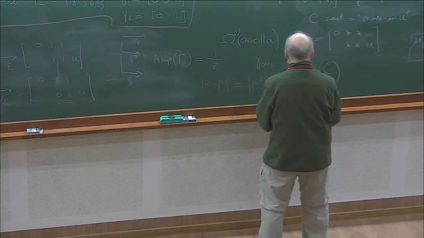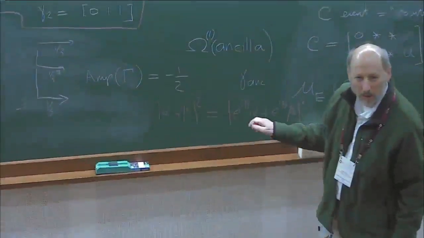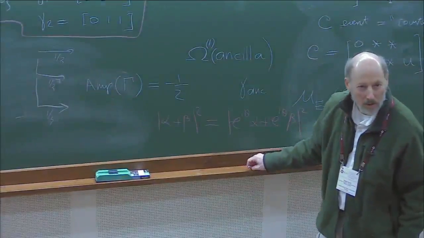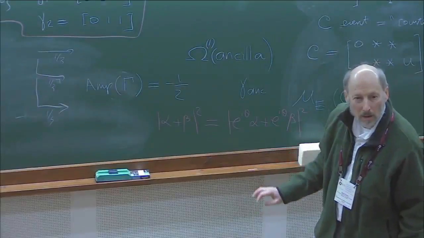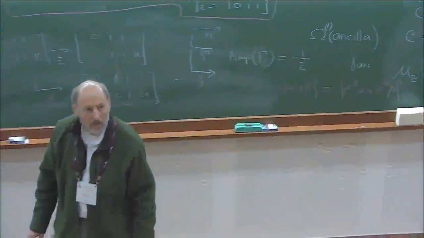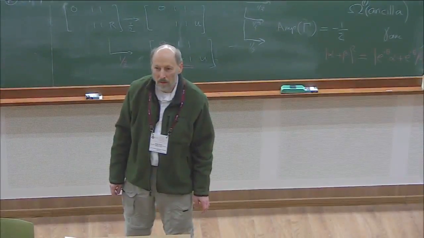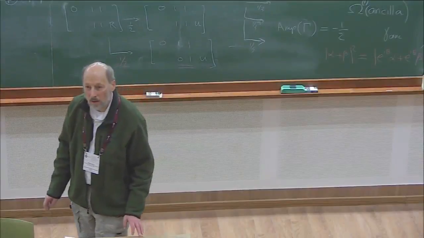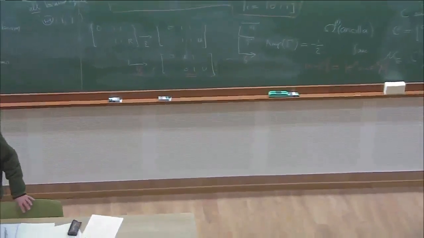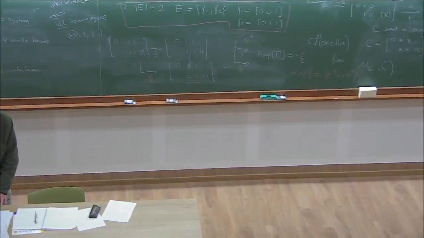But why would it be just with one? What I'm saying is it's the same for alpha and beta. If you have a relative phase, then it will just change the measure.